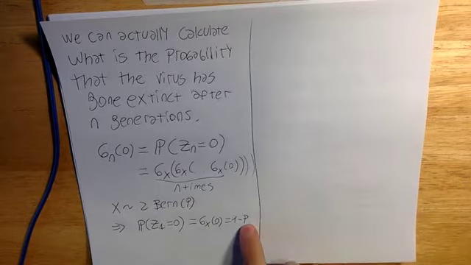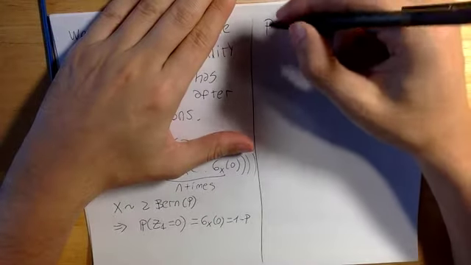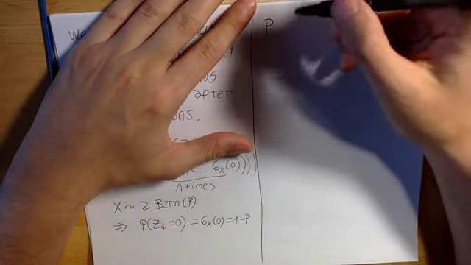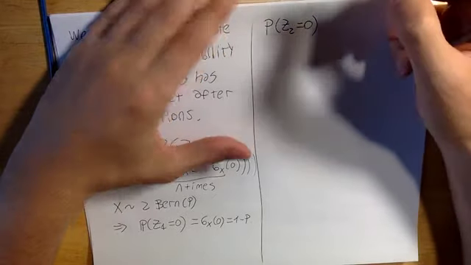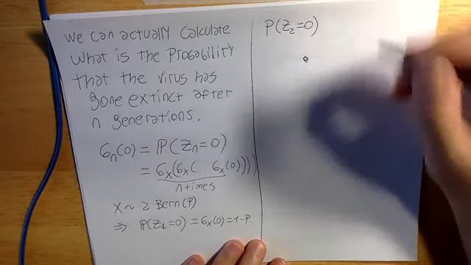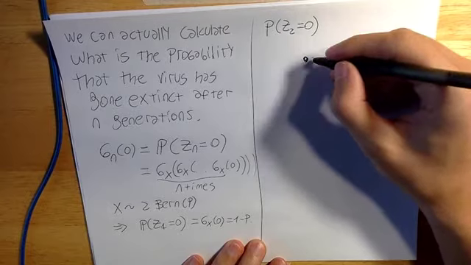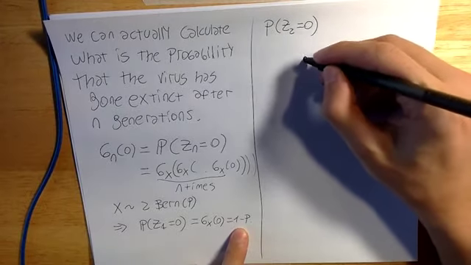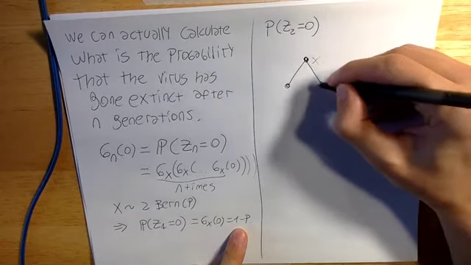So the probability that the first person doesn't infect anybody else is 1 minus p. Now the probability that Z2 is equal to 0. So here we have a branching process. Here we have the first person. The first person can either not infect anybody with probability 1 minus p, or infect 2 people with probability p.